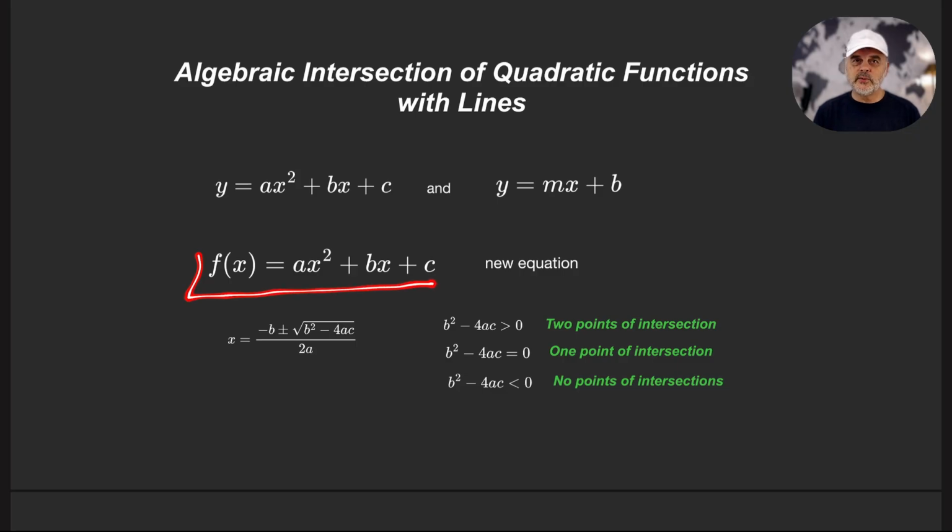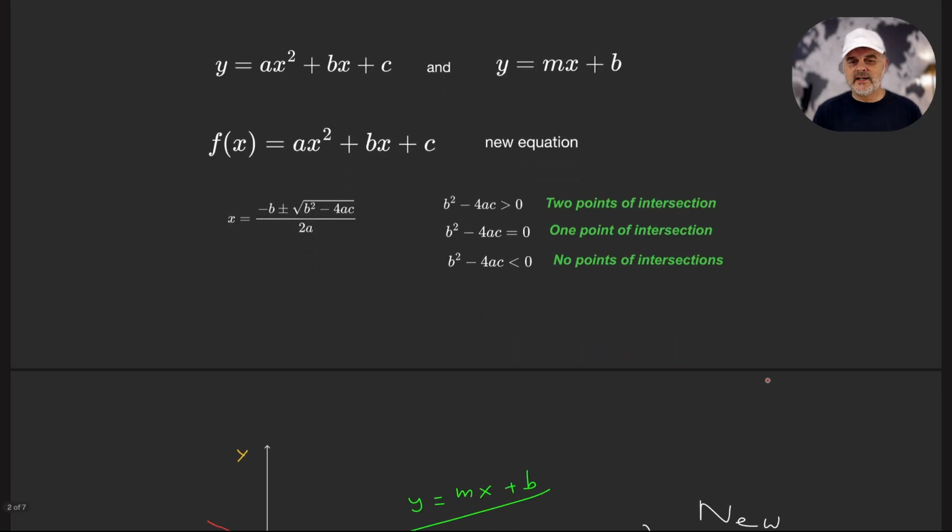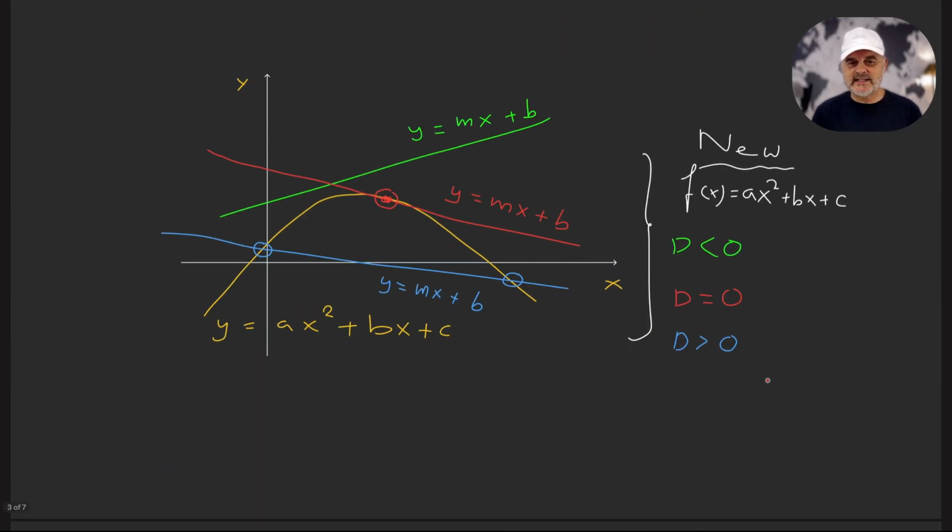Based on the possible solutions, we will see whether there are points of intersection: if the discriminant is greater than 0, two points of intersection; if it is 0, one point of contact between the parabola and the line; or potentially no points of intersection in the case where the discriminant is negative.